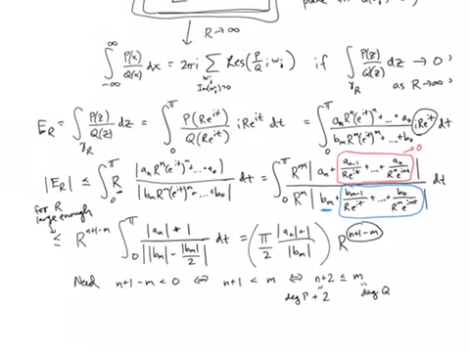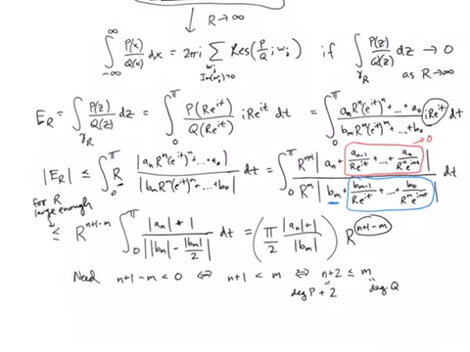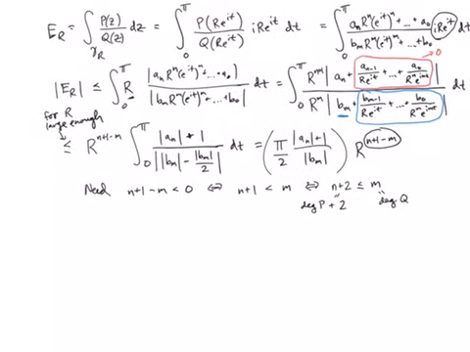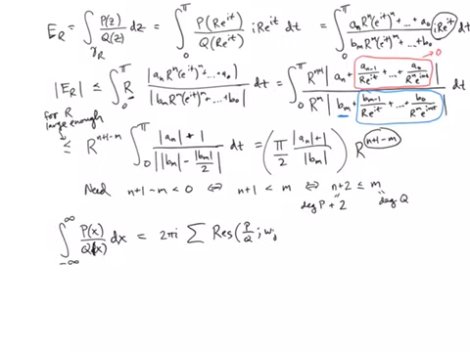All right, so that gives us a method. So computing the integral from negative infinity to infinity of p of x over q of x dx equals 2 pi i times the sum of the residues of p over q at w_j.